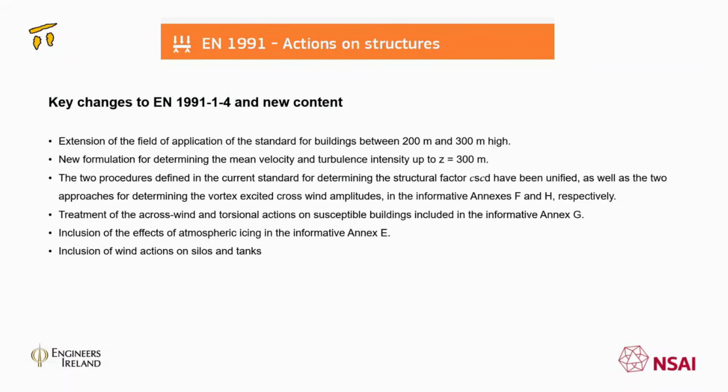There were two procedures in the current standard for determining a structural factor CsCd, and they've been unified in informative Annexes F and H. Treatment of crosswind and torsional actions in susceptible buildings is included in the informative Annex G, and there is reference to atmospheric icing in the informative Annex E, and wind actions on silos and tanks has also been added. That hadn't been in it and had been in the silos and tanks code before. So there are changes in there.